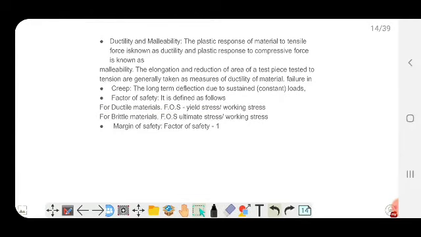Now, ductility and malleability: the property due to which we can make steel bars into rods by applying tensile stress, or into plates by applying compressive stress. That is known as ductility and malleability.